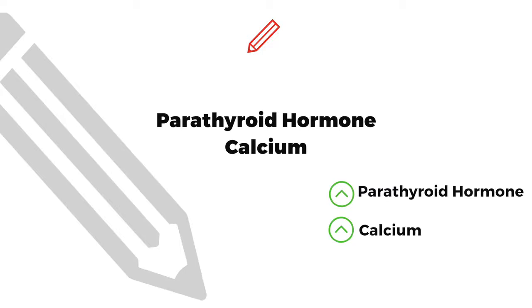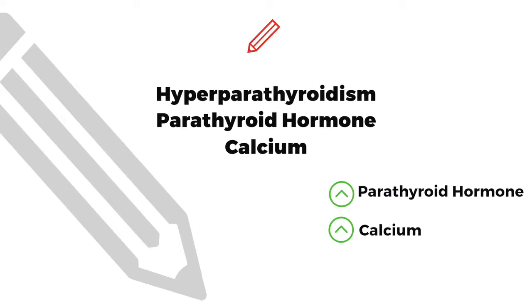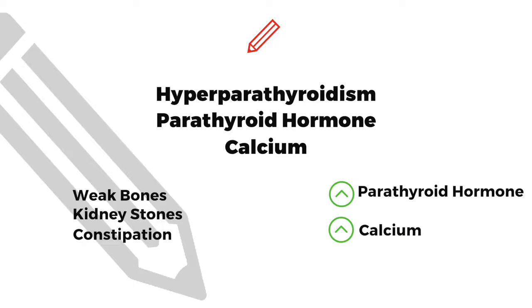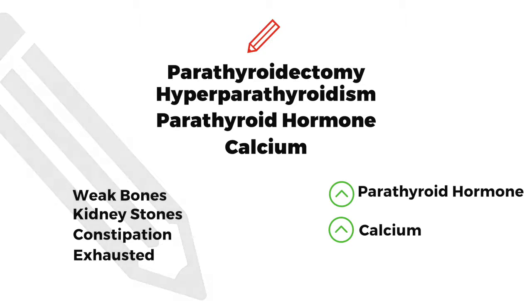Okay, when that happens, an example of a hyperparathyroidism patient, that patient then will have weak bones, so they can have fractures, they can have kidney stones, constipation, and they are extremely tired. So the treatment for this is a parathyroidectomy.